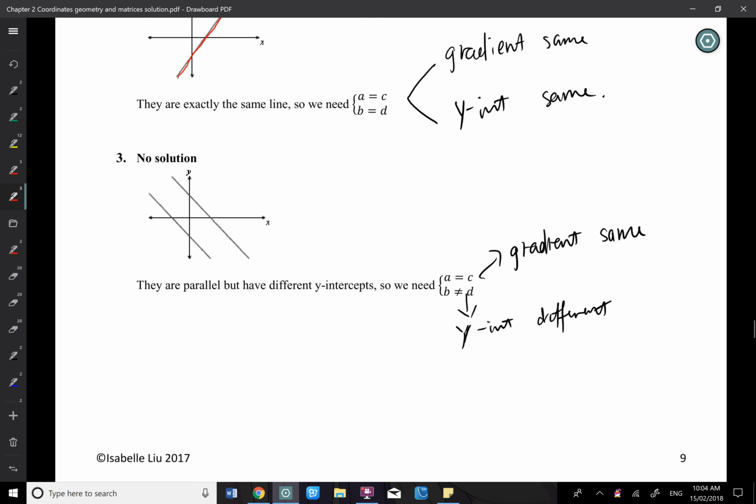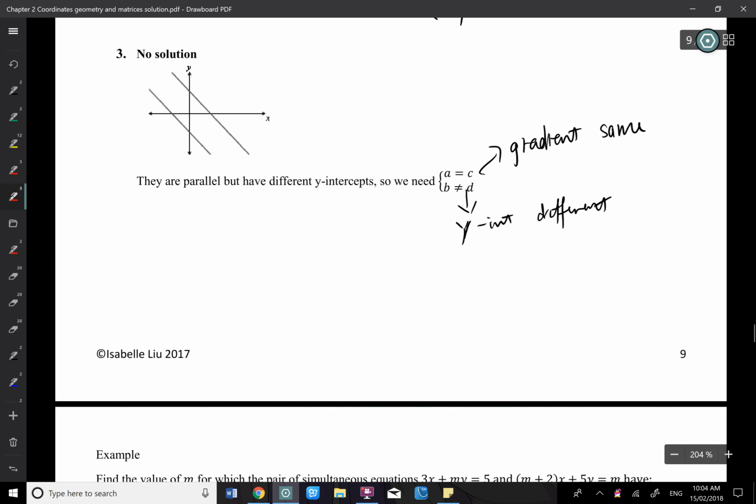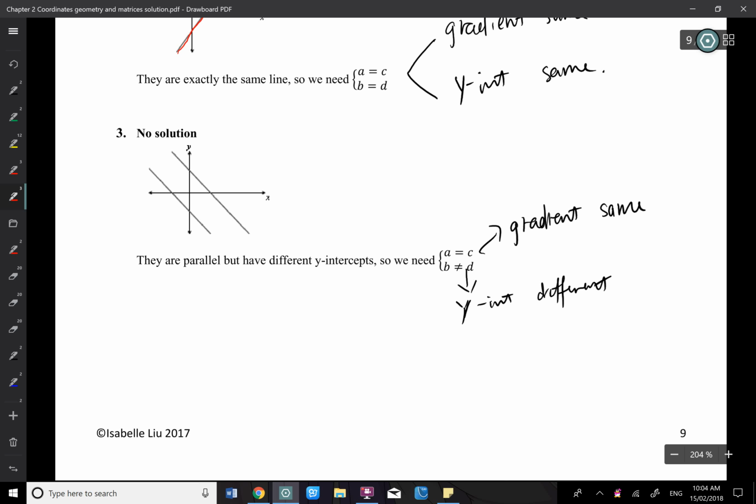Now we'll think in another way, not using the geometric method, because it's quite painful and tedious to do all these calculations. You need to rearrange, you need to see the gradient, you need to see the y-intercept.